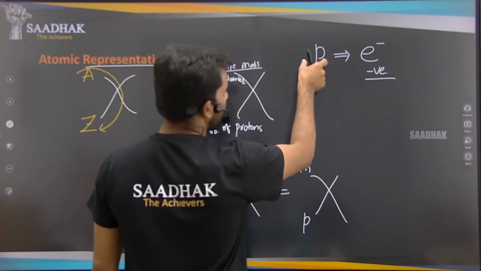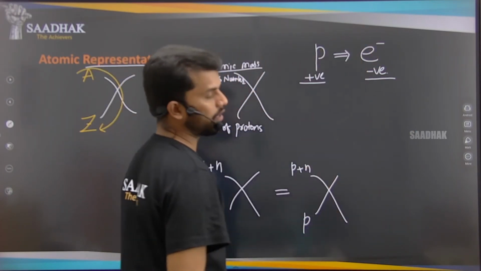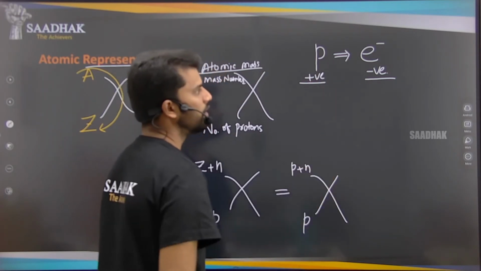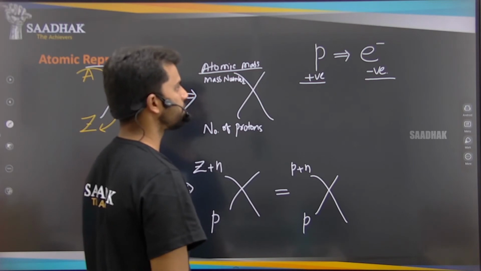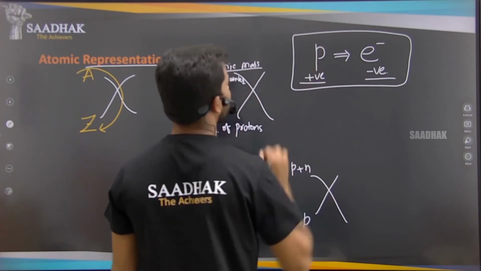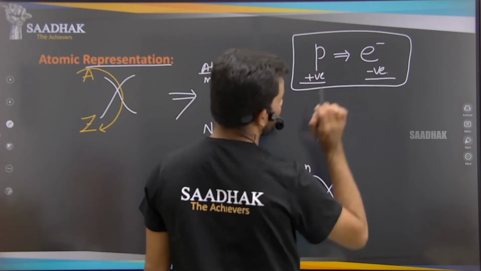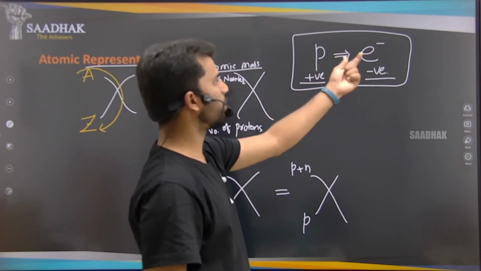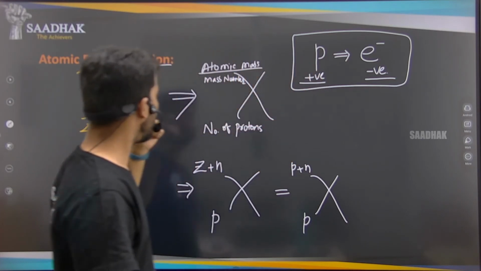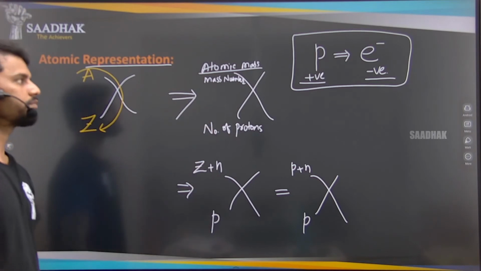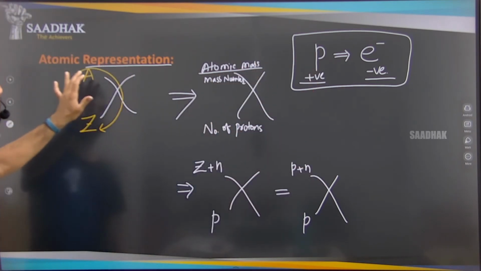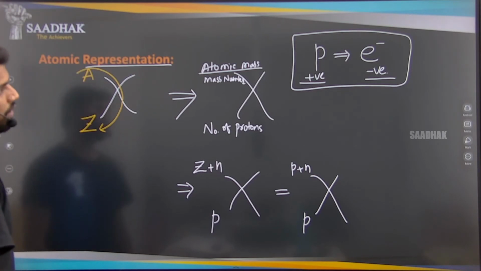So P will decide the number of electrons in that atom. This is the important thing you have to remember: the protons decide the number of electrons, and the number of neutrons gives us the mass number of that atom. These are some important points to remember for the atomic representation.